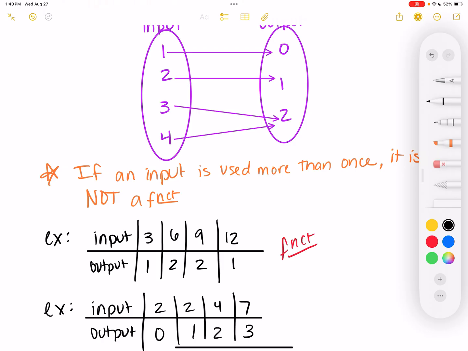Are any input values repeated in this one? Yes, so this is not a function, because we have 2 being used twice.